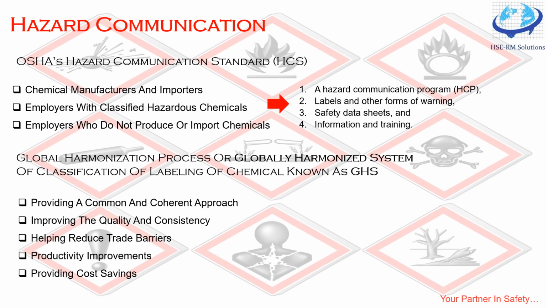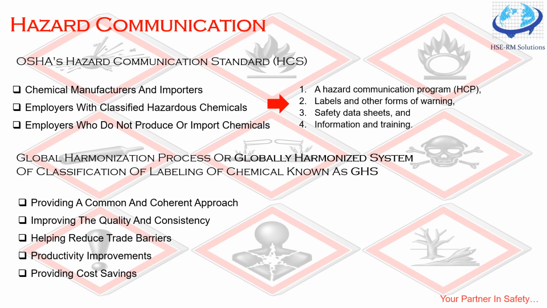Now all the information was required to be systematic and uniform. So there was a need to harmonize or unify it. That means the same everywhere. Hence, now a global system exists, known as the Globally Harmonized System of Classification and Labelling of Chemicals, known as GHS.